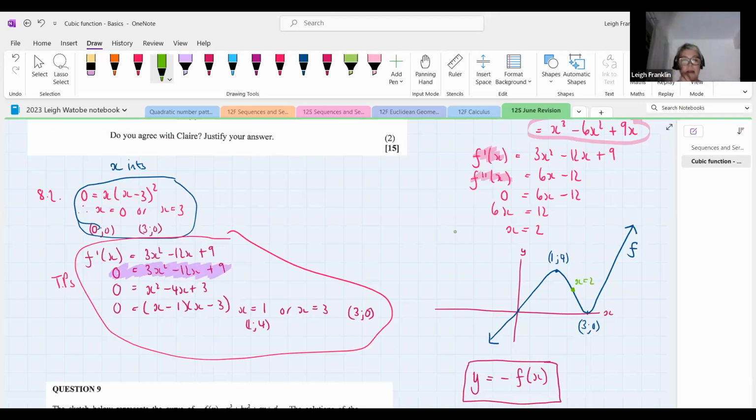How do we get minus f of x? What have we done to our graph? What does minus f of x mean?